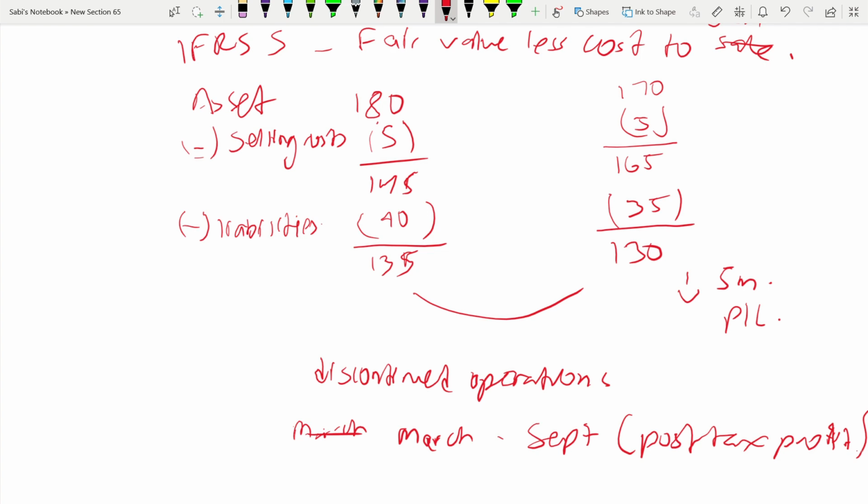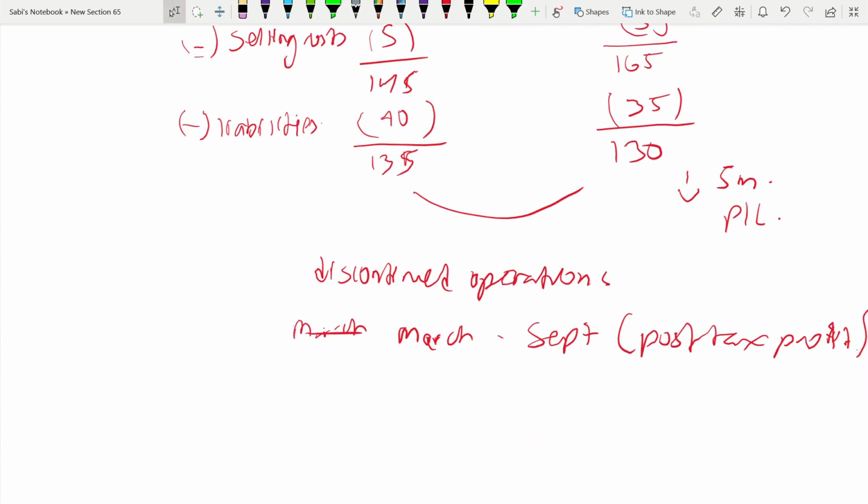Now, in your statement of financial position, you need to discuss how this will be presented. Remember, the assets and liabilities of Jackie should be shown separately from the other assets and liabilities because it's a discontinued operation. So Jackie's assets will appear below the subtotal of current assets.